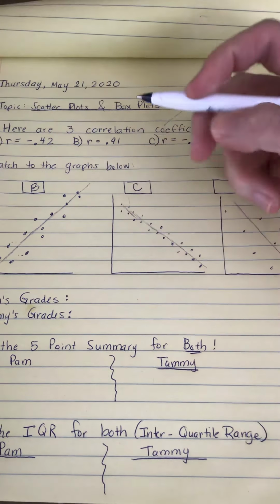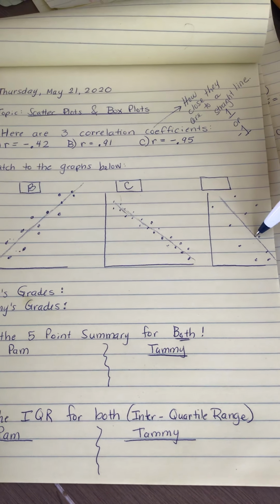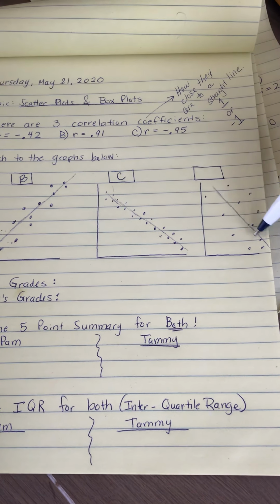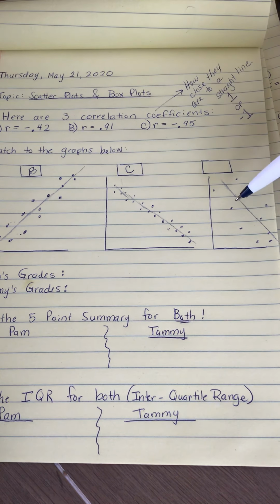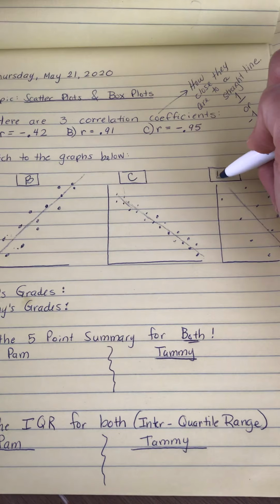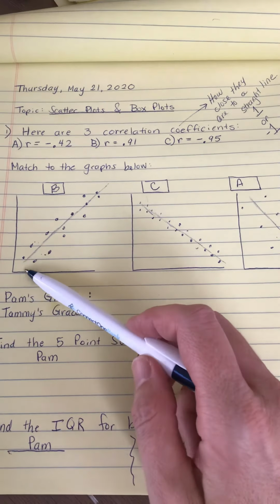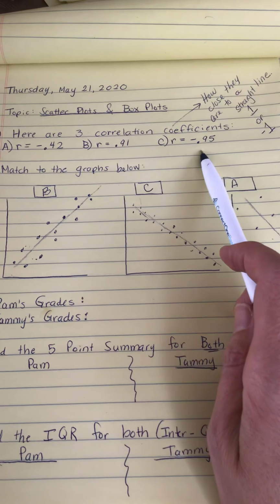This is a better correlation coefficient. This one is moderate, because once you hit -0.3, it's moderate, but chances are it would not be published in a magazine or anything if this was statistics. But that would be A. These are much further from the line. Now let's compare these. Even though that's positive and that's negative, look at the 0.91 and the 0.95.